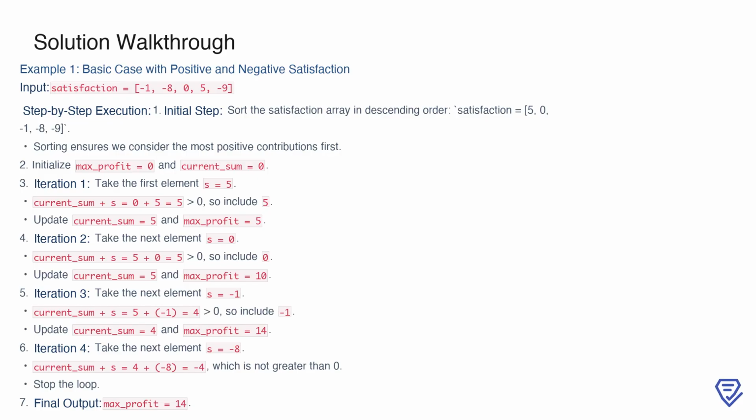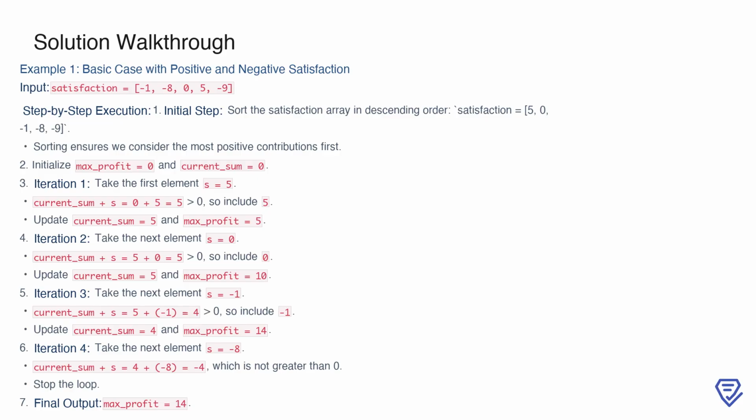In the first iteration, we take the largest value, which is 5. Adding it to current_sum gives 5, which is positive, so we include it. This updates current_sum to 5 and max_profit to 5. Moving to the next element, 0, we add it to current_sum, keeping the value at 5.